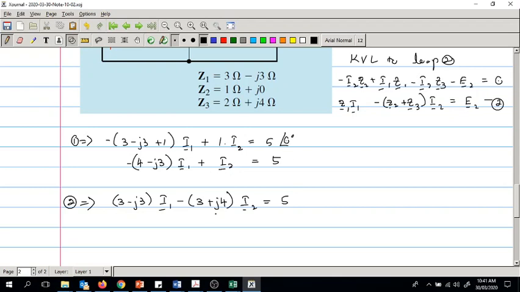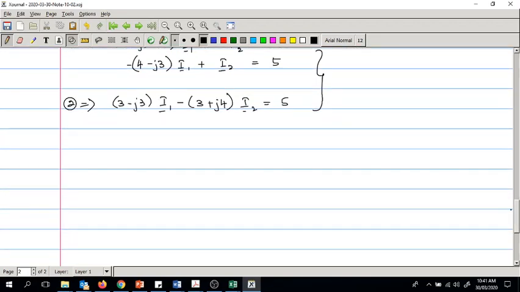Right, now you have two equations, two unknowns, right? You can use the determinant method to simplify this.